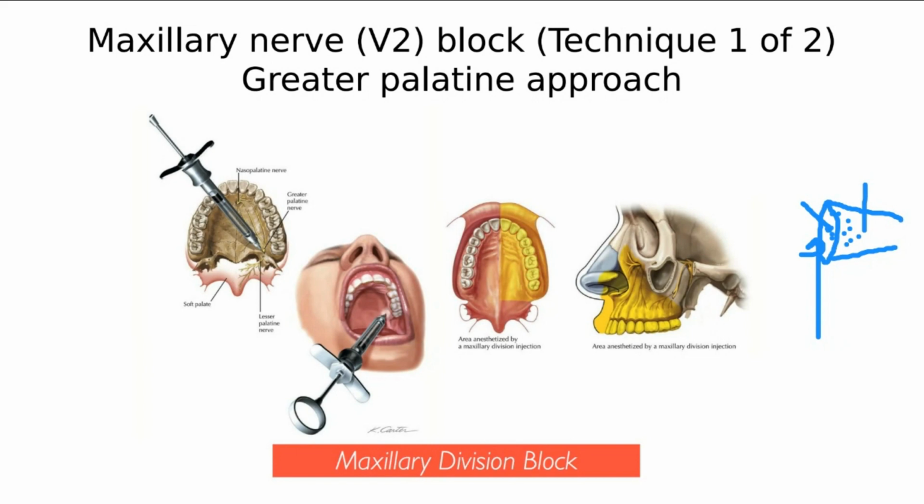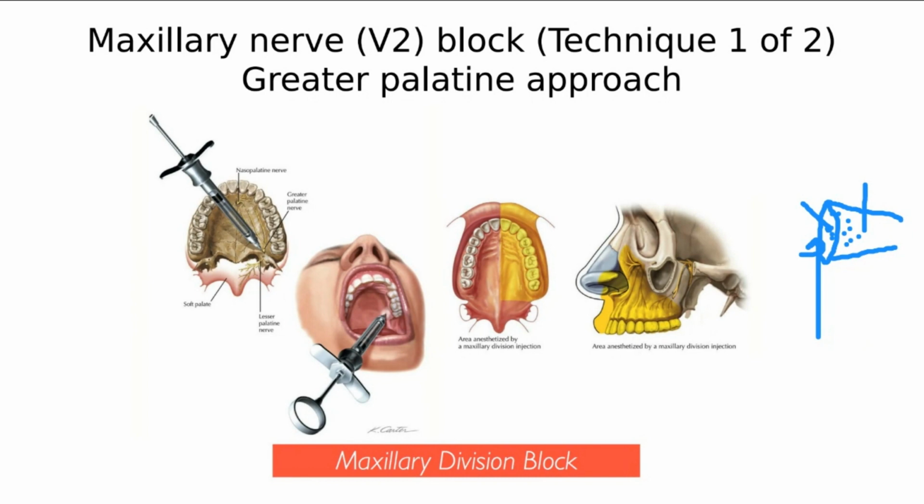And in the middle of that, you're going to actually enter through the greater palatine foramen, and you will go inside the sphenopalatine canal. There is a canal inside, and you will go through the canal all the way until you go to the pterygomaxillary fissure. Okay.